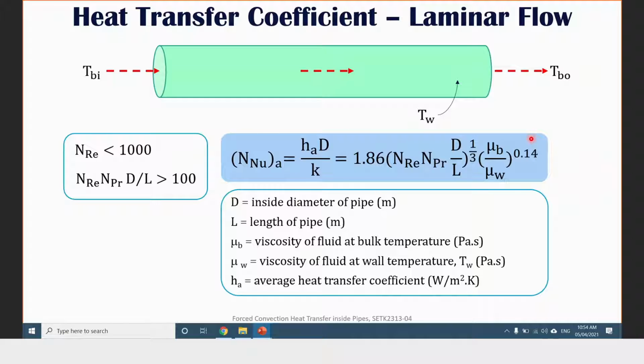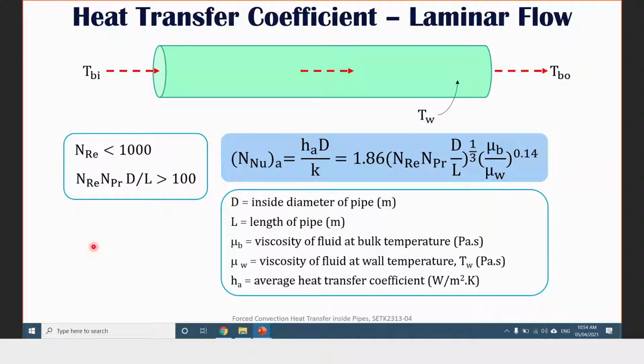So we can use this equation. Usually what you are given are D, K, and other values to calculate everything else, and then you will have to calculate the heat transfer coefficient.